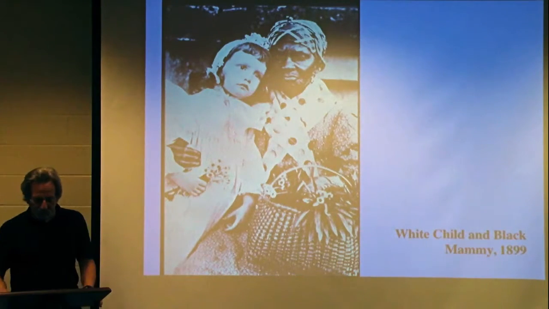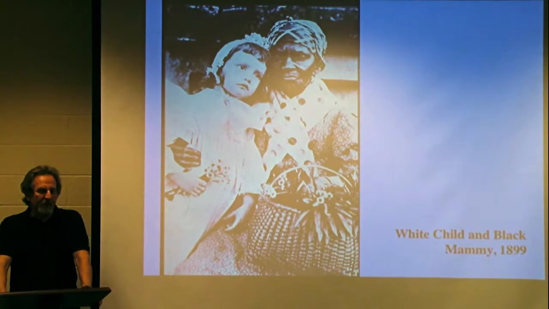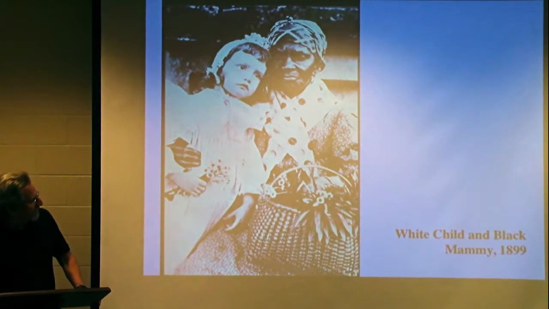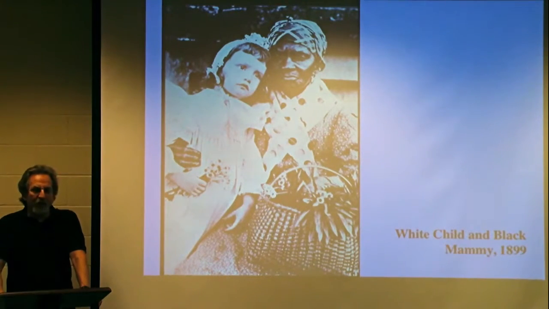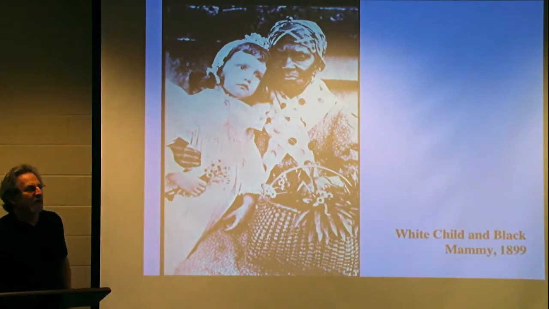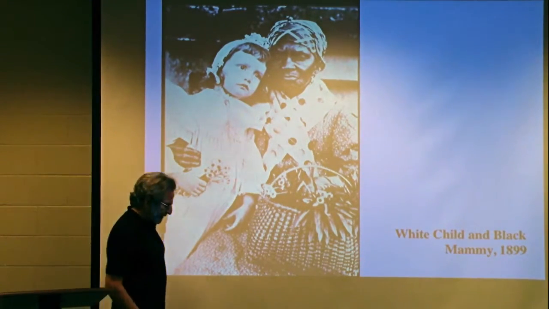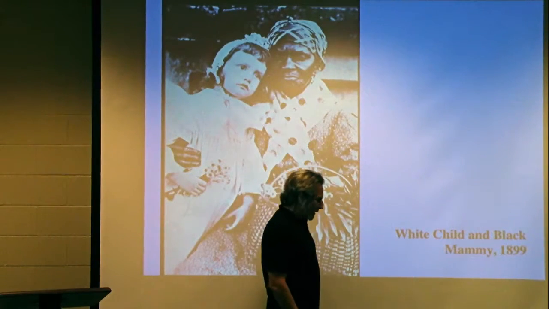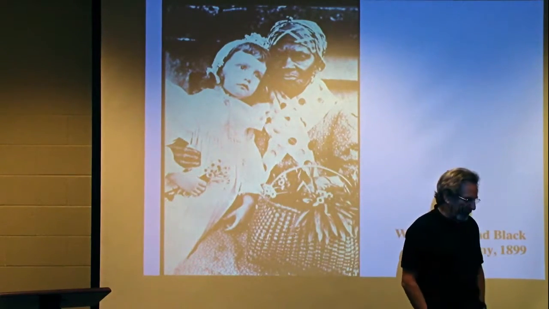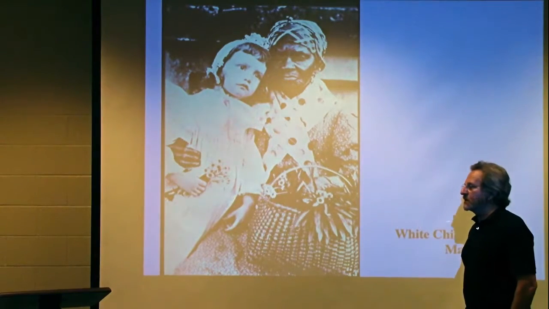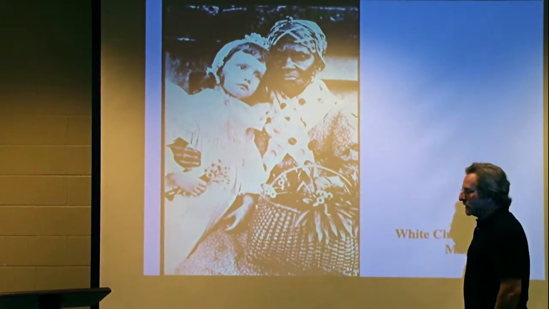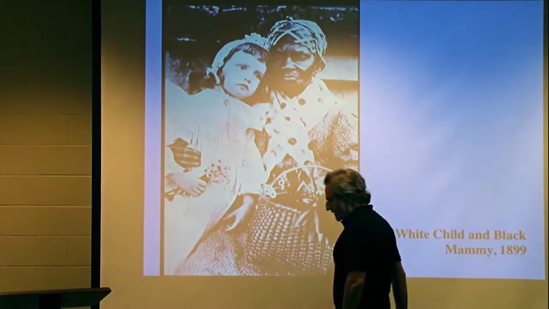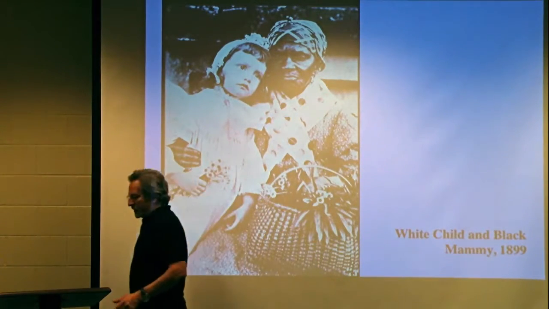In large parts of the South following the close of Reconstruction, white children were raised by black women. This was true not only for the upper classes of Southerners, but for the middling levels of white Southern society too.